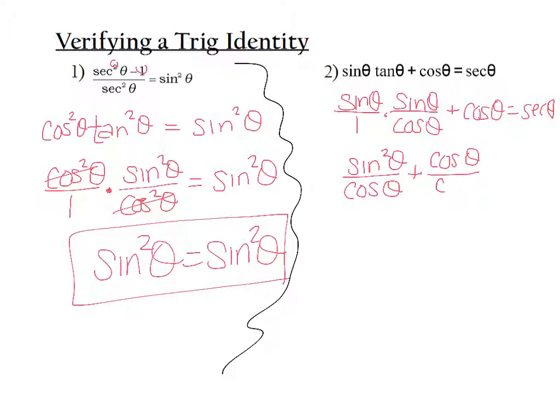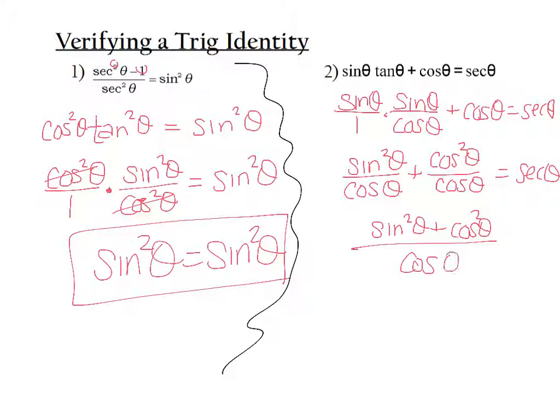So if I take this 1 times a cosine theta and take the top times a cosine theta, it's going to end up cosine squared theta. And then if I combine that together into one big fraction, you should notice the Pythagorean identity jumping out at you there. At the numerator, it's just going to be a 1 over cosine theta.